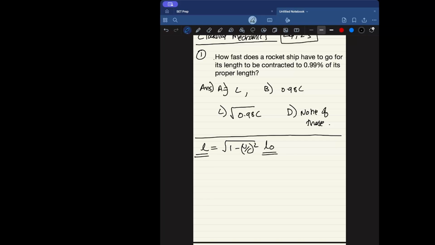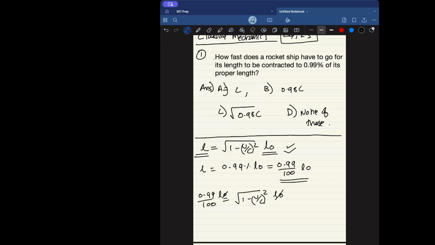Substitute the results. L equal to 0.99% of L0, which is equal to 0.99 by 100 L0. We substitute this into our standard formula and get 0.99 by 100 L0 equal to root over 1 minus (v/c) square times L0, and we can remove this L0 from here.